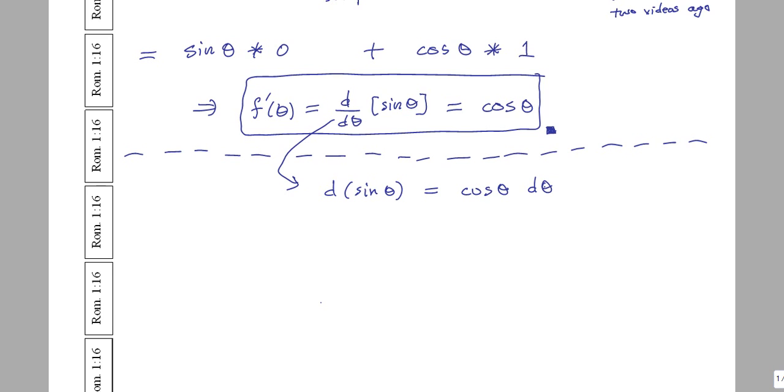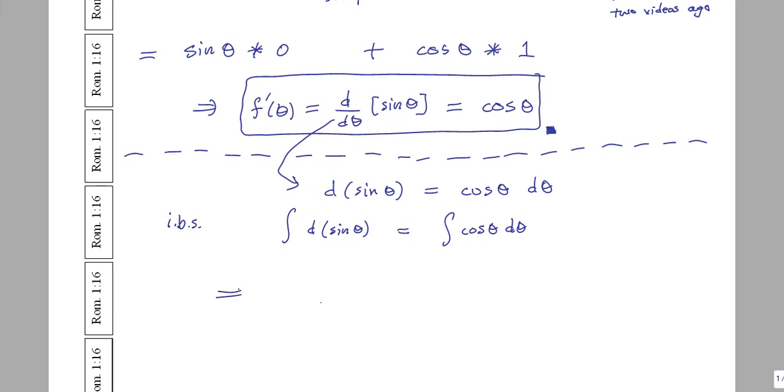And now I integrate both sides. I get the integral of d of sine of theta is equal to the integral of cos of theta d theta.